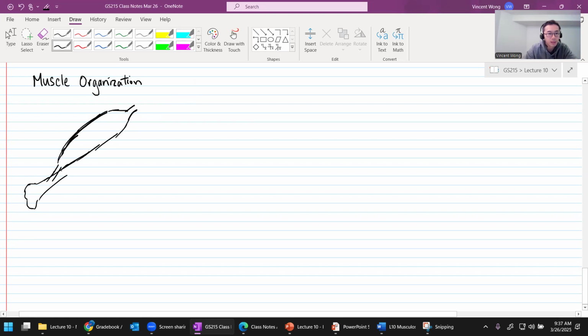There is a muscle right there, and this is the bone that it's attached to. Obviously, there's going to be another bone up here, but let's not draw too many things. This is muscle, and the muscle is going to be connected to bone through the tendon. That's going to be the bone.